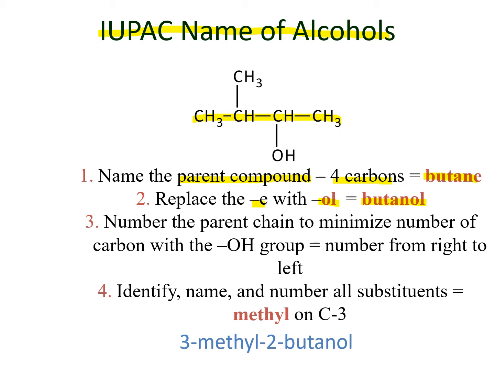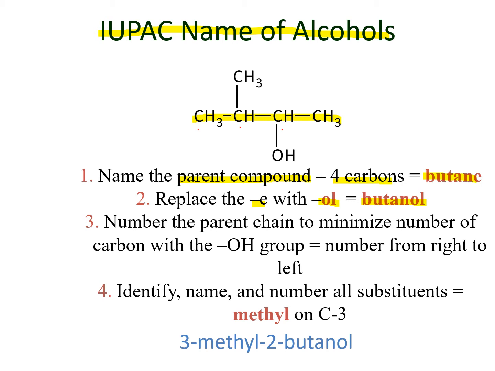Next thing is numbering of the carbon that is attaching the OH group. Sorry, even before that we have to check which carbon to start numbering with. If we start from this end and go left to right, then the carbon that is attaching OH will be carbon number 3. If we say 1, 2, and 3, this will be the third carbon which attaches the hydroxyl group.